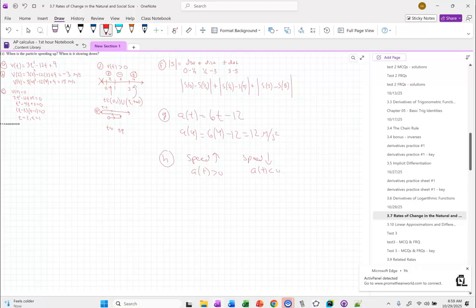So we need A of t equal to 0. We'll do it in a sec. So if I do that, I'm going to have negative and positive.